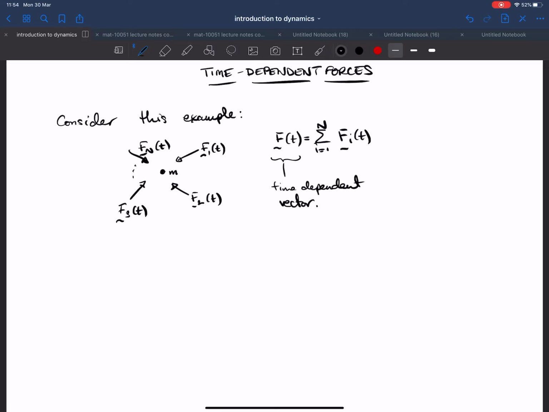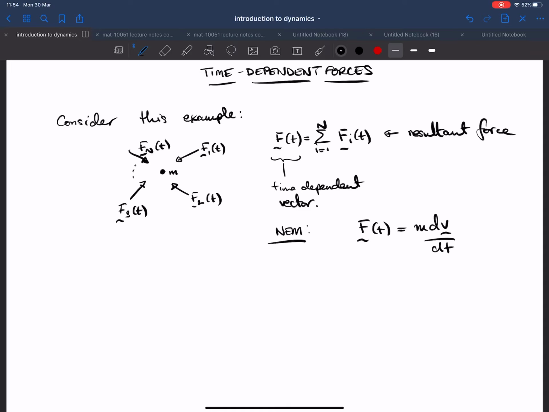And we should know how to deal with this, because when we come to Newton's equation of motion, we have the time-dependent resultant force, this is our resultant vector, equals m dv by dt.